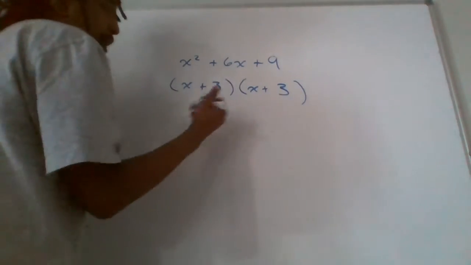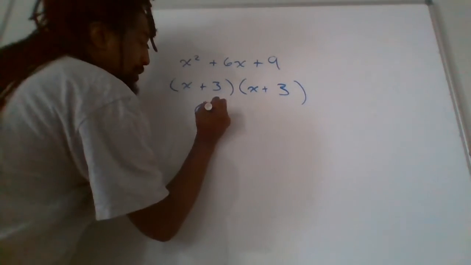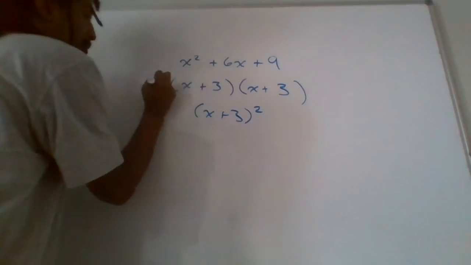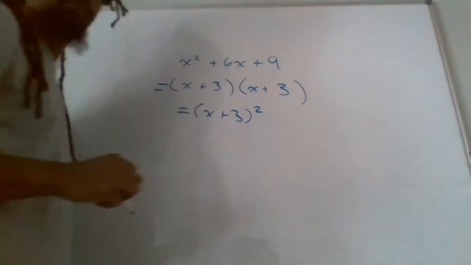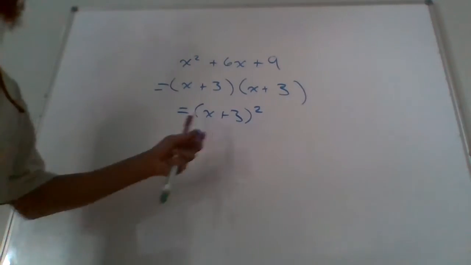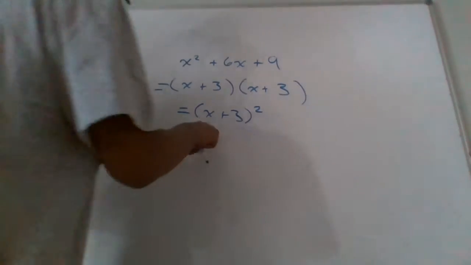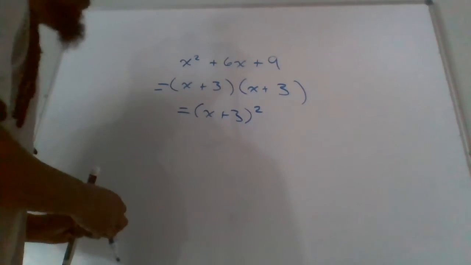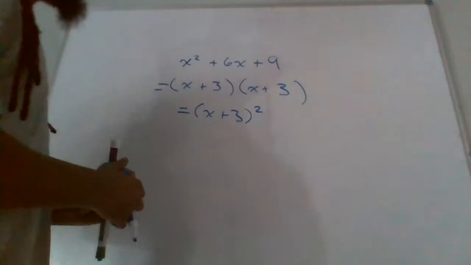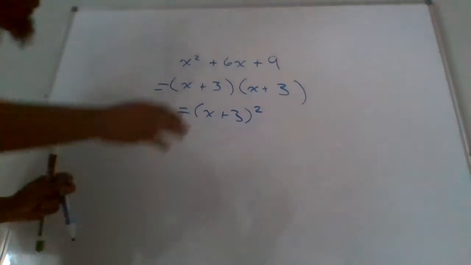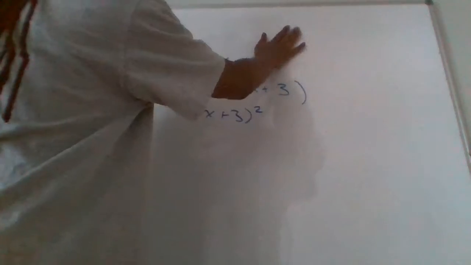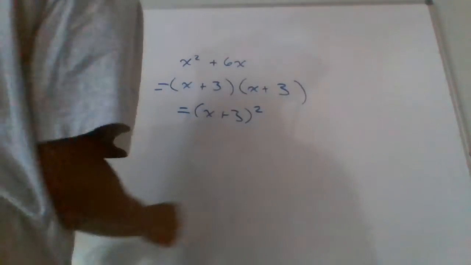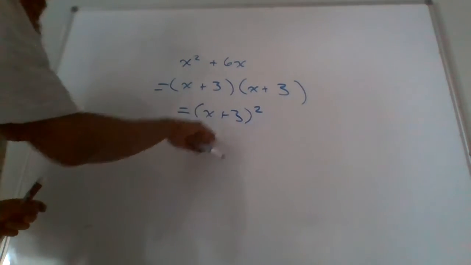Now, this we can write in a different form as x plus 3 squared. Now, in completing the square, we're going to have something where we don't have this 9 already, but we still want to get down to an answer like this.